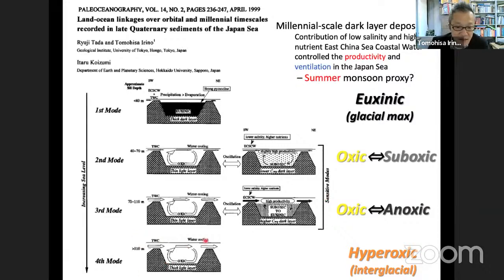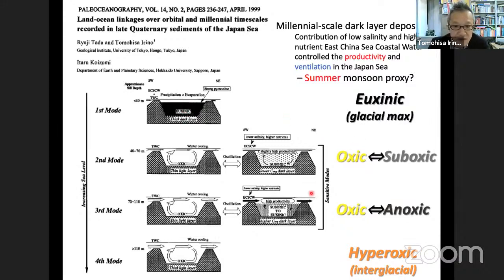At the recent high sea level, the basin as a whole is very hyperoxic, and at very low sea level, like the glacial maximum, the bottom condition is very euxinic.